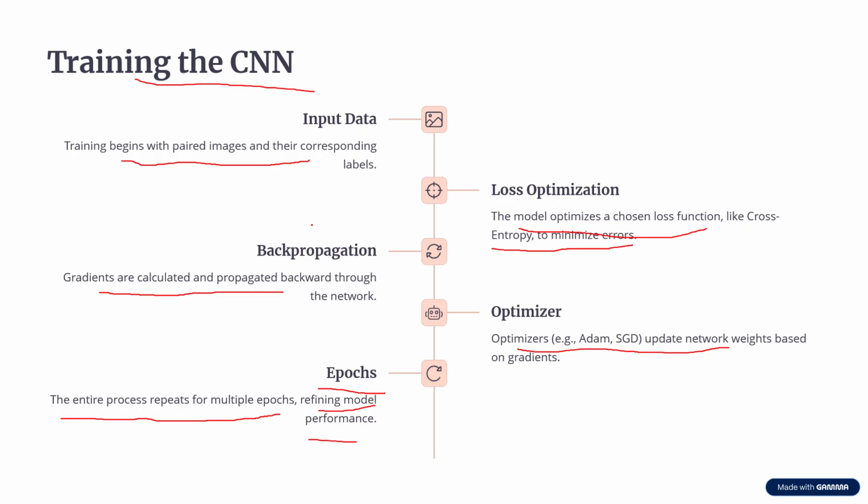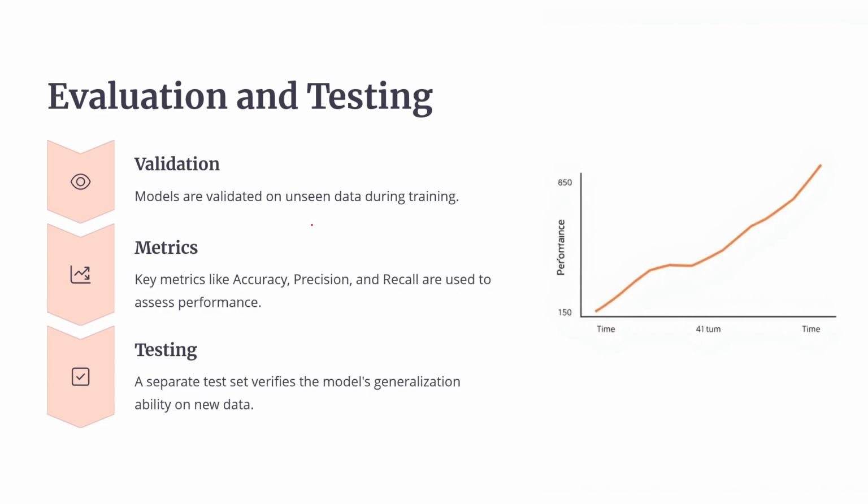Okay, the next slide is about evaluation and testing. In that we have validation, metrics and testing. In validation, models are validated on unseen data during training. So the model is tested on new examples it hasn't seen before, meaning data which has not been processed before.